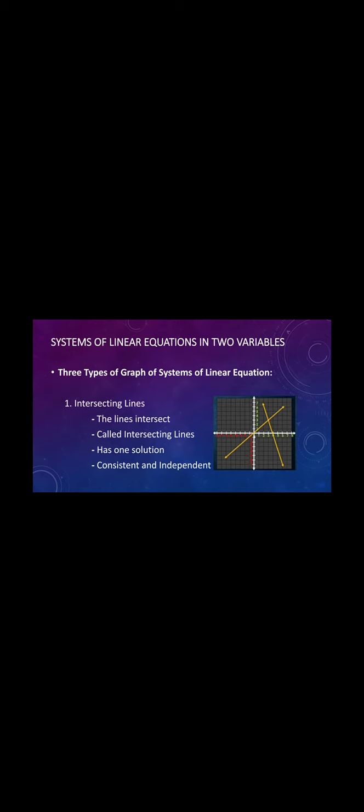Intersecting lines are the lines that intersect, so they meet at one point and have one solution, only one solution for the two equations. So they are consistent and independent. That is the characteristic of intersecting lines.